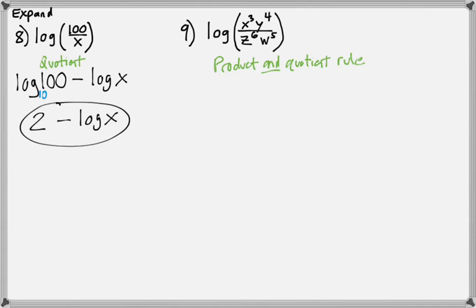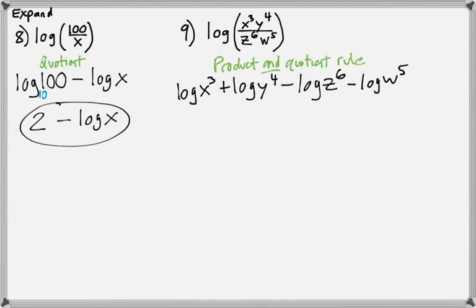Okay, so this is going to be log of x to the 3 plus log of y to the 4th. And then anything that's on the denominator needs to have a subtraction sign in front of it because you're dividing by it. So minus log of z to the 6th minus log of w to the 5th.